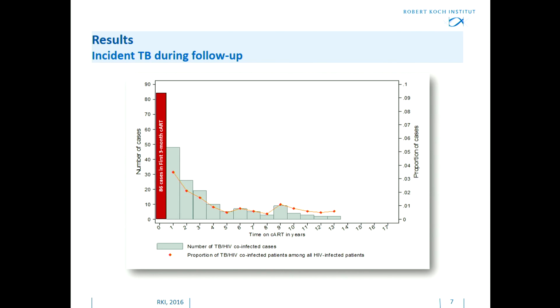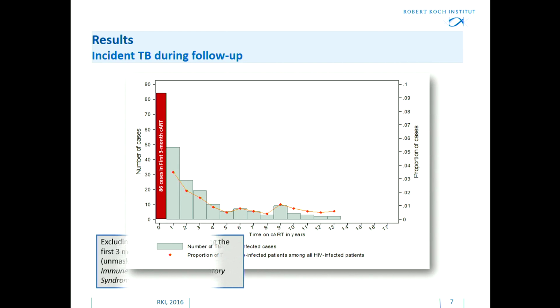This is our data. The starting point is the time of antiretroviral therapy initiation, and here the TB cases happened after the HIV therapy initiation. We can see that the majority of cases happen in the first 3 months.